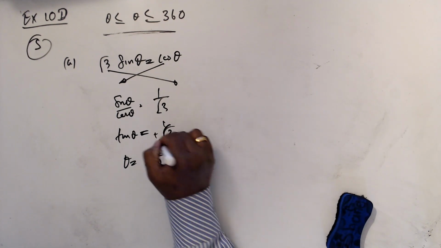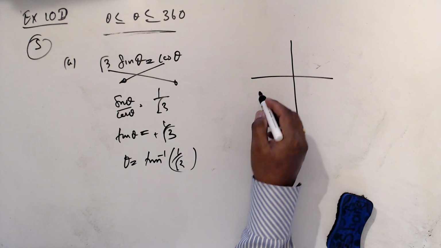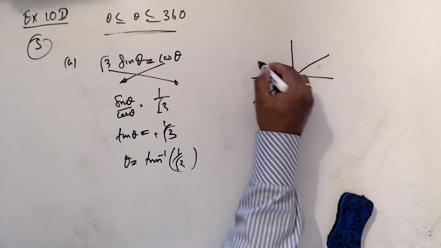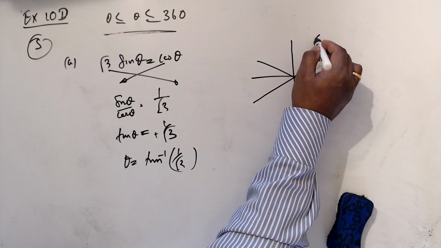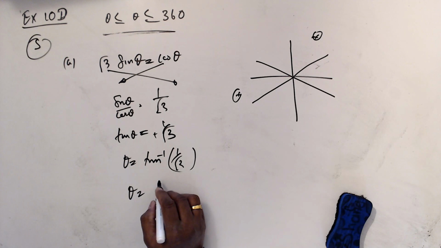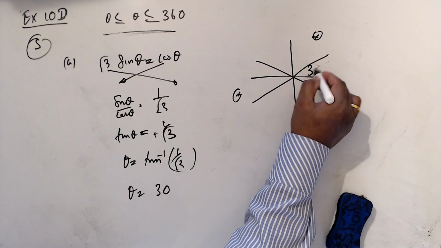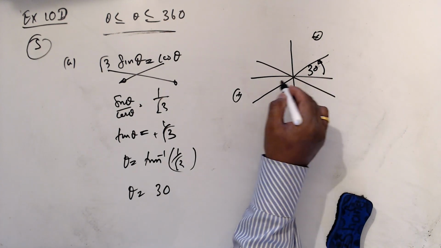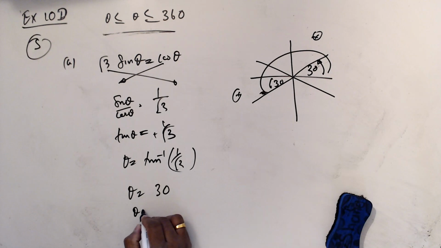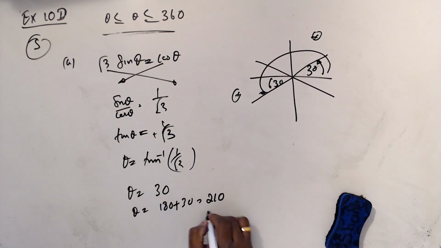Tan value is positive, so we need the first one and the third one. Theta value is 30. One answer is this. The other answer is 180 plus 30, 210.